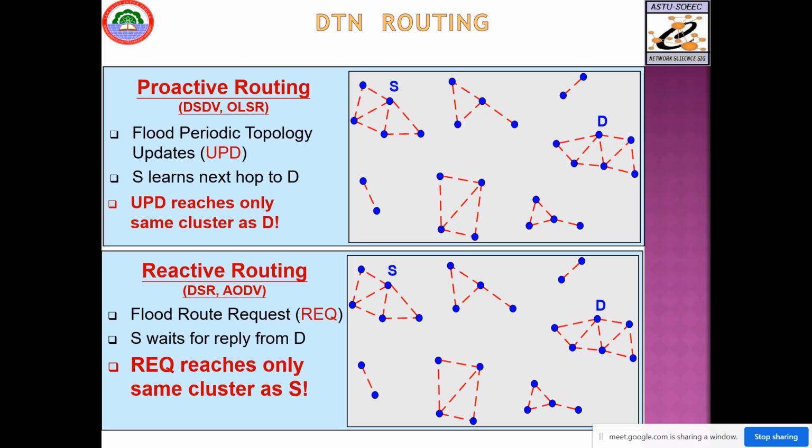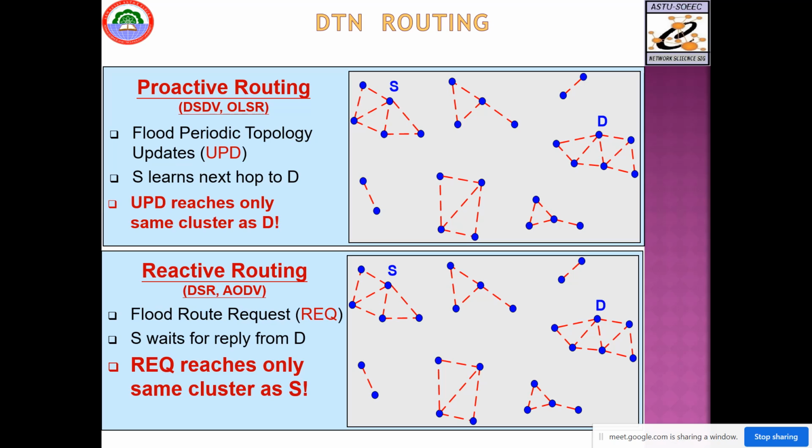That is the communication path, what the intermediate nodes are, everything it has to know. The examples are DSDV, Destination Sequenced Distance Vector, and OLSR. These two are proactive routing algorithms in mobile ad hoc networks.